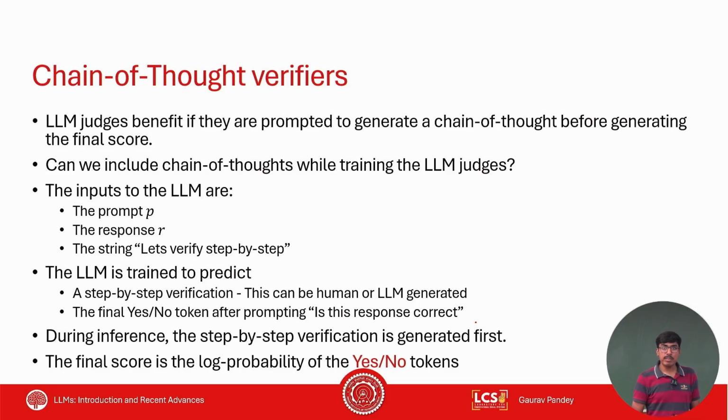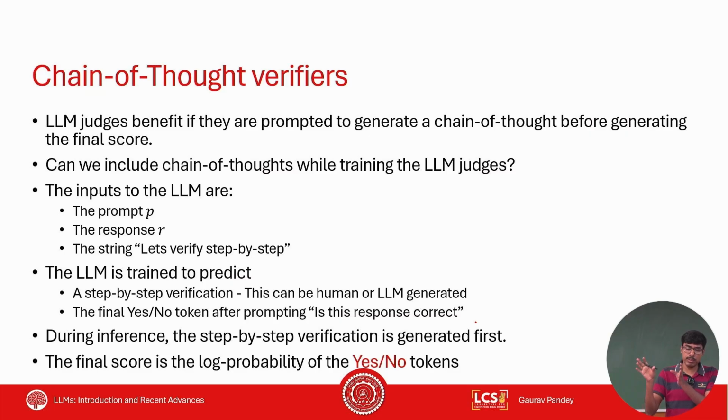The previous approach does not use chain of thought though, right? You're just asking if it is correct or wrong. But you can also incorporate chain of thought. LLM judges have been shown to benefit if they are asked to generate chain of thought before generating the final score. So can we include chain of thought in these LLMs while training the LLM as judge? The input will be the prompt, the response, and the string "let's verify step by step." You will train the LLM to generate the step-by-step verification string.